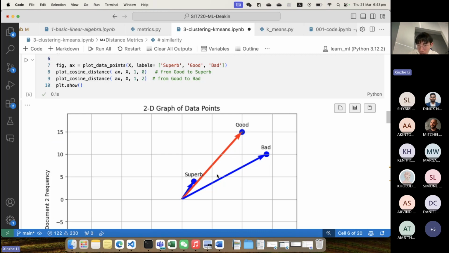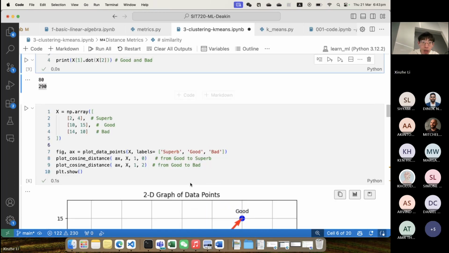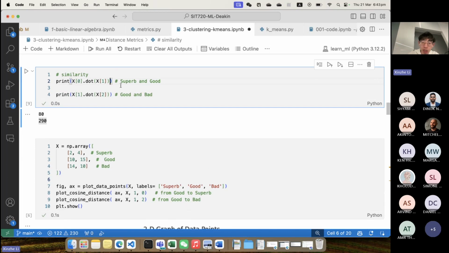You see, the magnitude of this line is bigger than this line, bigger than this vector. So what we can do is divide by the magnitudes. How can we calculate the magnitude of a vector?